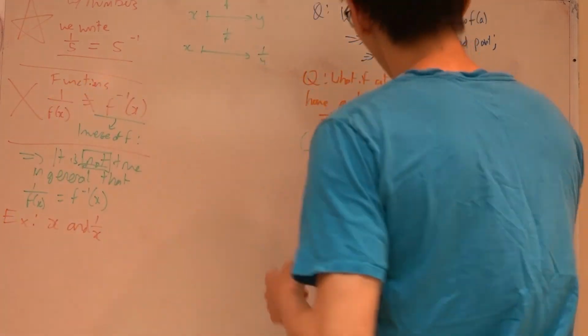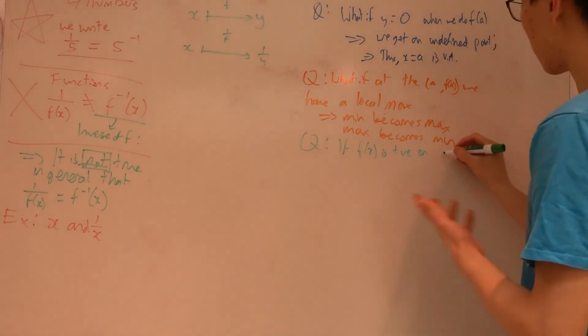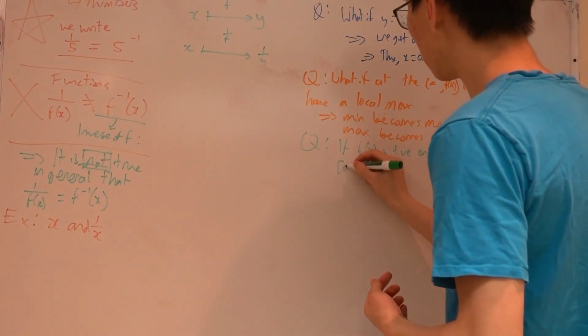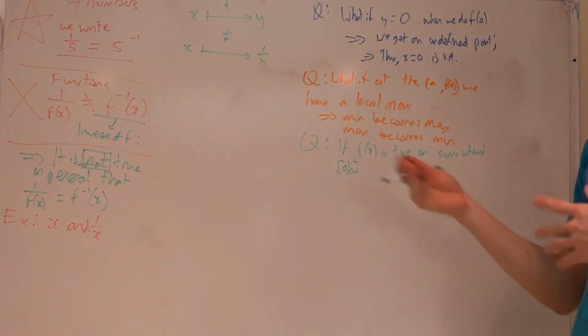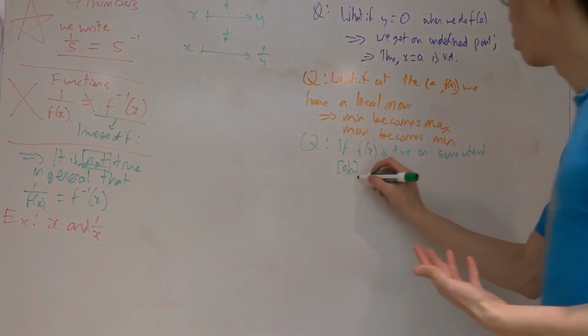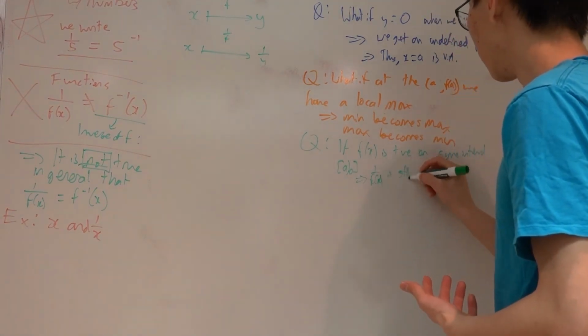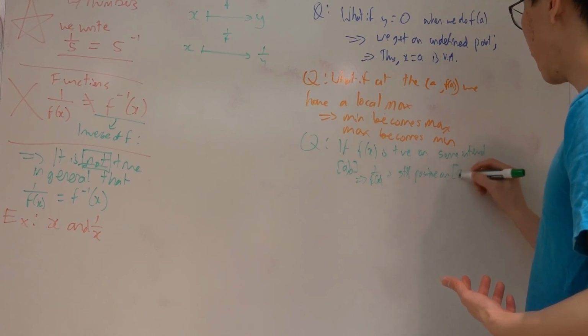If f of x is positive on some interval ab, then what happens? Well, remember, when you take the reciprocal of a number, that doesn't change the sign. So 1 over f is still positive on the interval ab.